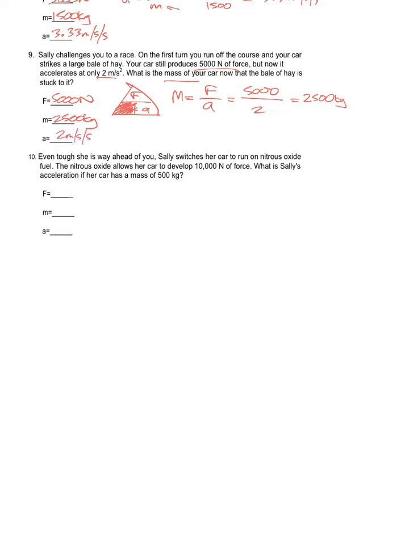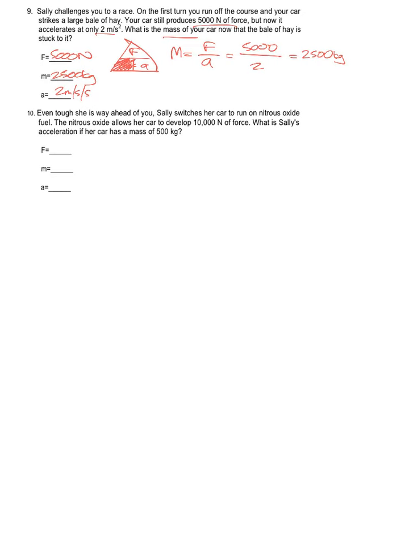This looks like the last question, I believe. Even though she's way ahead of you, Sally switches her car and turns on the NOS. The nitrous oxide allows her car to develop 10,000 newtons, so double the force. What's Sally's acceleration if she has a mass of 500 kilograms? Again, force, mass, acceleration. We want to find the acceleration, so acceleration is going to be force on the mass.